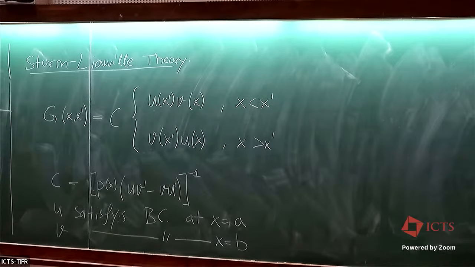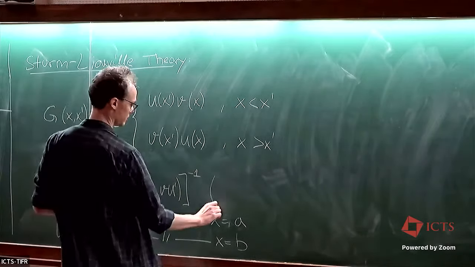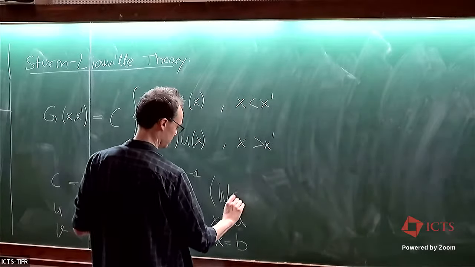And then this P here, now I was kind of assuming that you had seen this before, but this P basically appears in this operator L. In general, sometimes this is called the Wronskian.